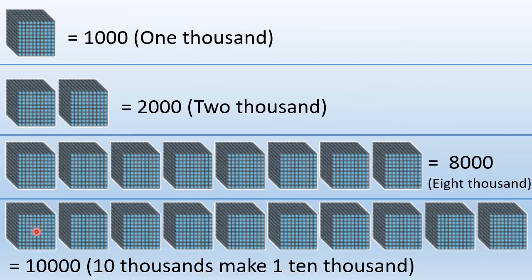So each block contains 1000 beads, and we have 10 such blocks here, which is equal to 10 thousands. So 10 thousands of beads make 10,000. So altogether the number represented by these 10 blocks is 10,000. So this is how we use the beads or blocks of beads to represent the numbers in thousands.